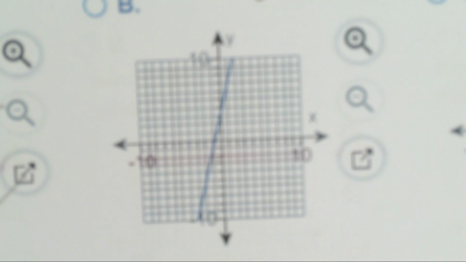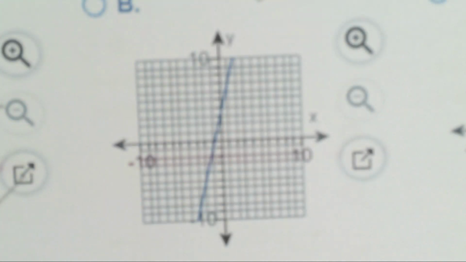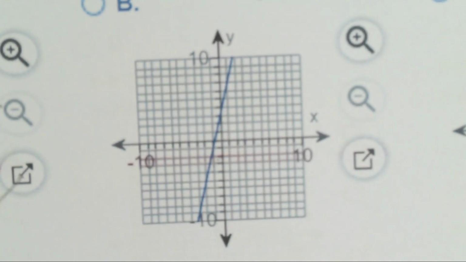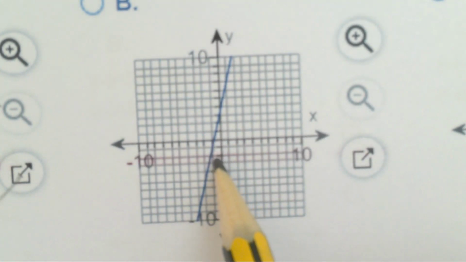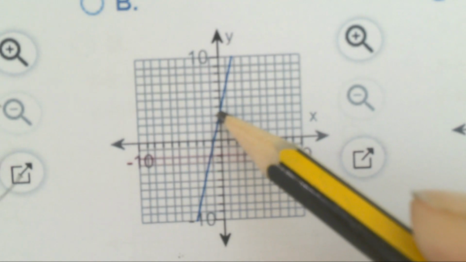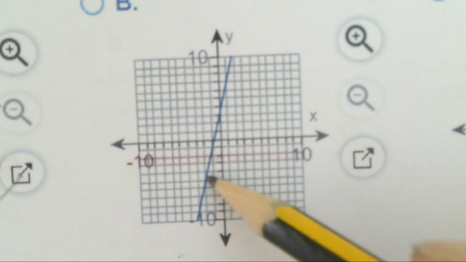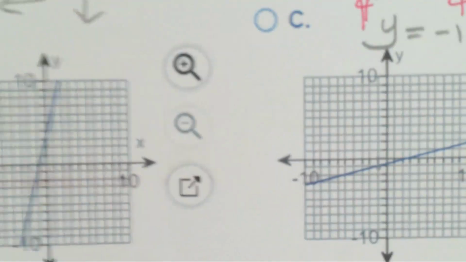This is number E. Oops. Okay. So here, when I go left 1 and down 1, it looks like it's left 1 and 0. Okay, so it looks like this is not the correct graph because this point is not on the line. But it looks like it could be. So let's just leave this because it's difficult to see.